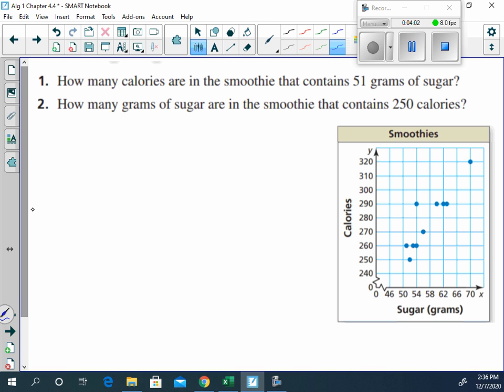Okay. So again, we still have grams of sugar and calories. How many calories does 51 grams of sugar have? Well, we have 4 different points, yes? Which one of those points would be closer to 51?